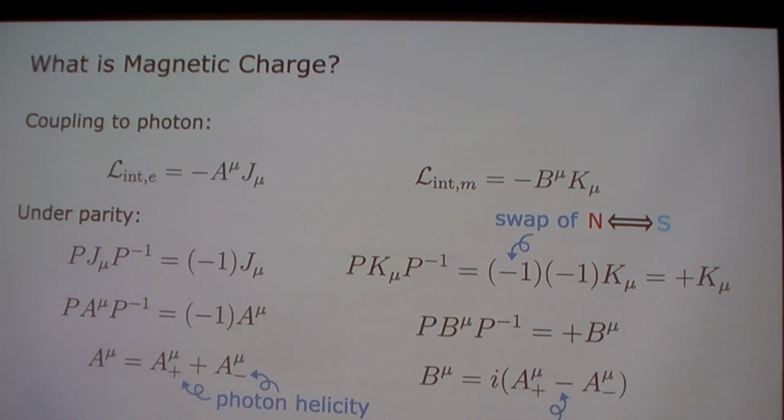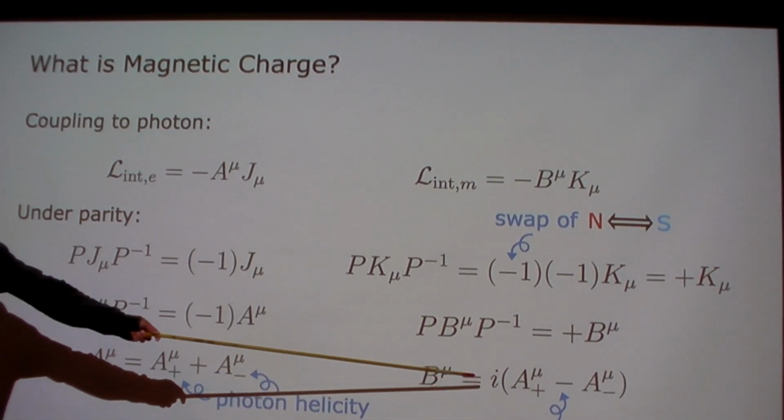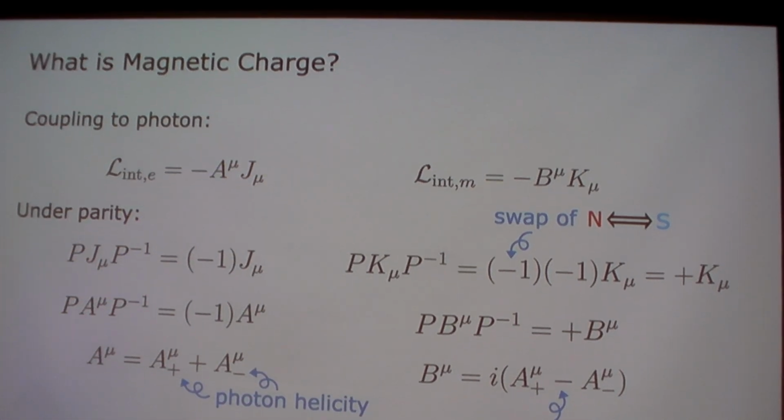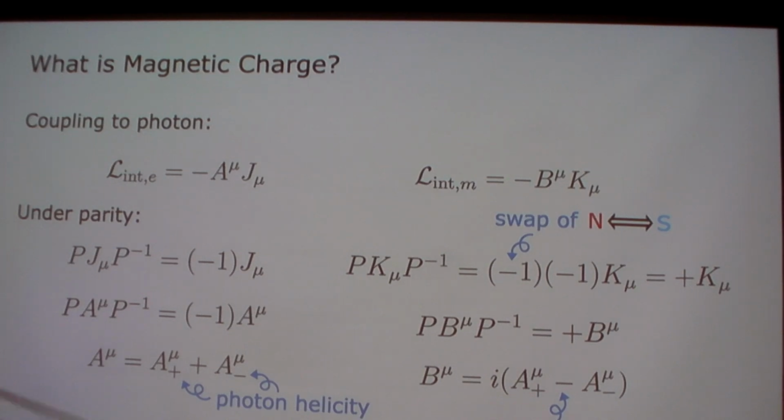And what it means is that this A potential should be built out from the two photon helicities added together, while for the B potential, photons with different helicity should have a minus sign between them. And that's the difference between electric and magnetic particle at the quantum field theory level. They couple to the plus and minus helicity photon in a different way. And all of this has been worked out by Weber in 1965.